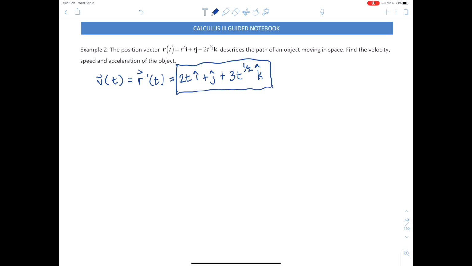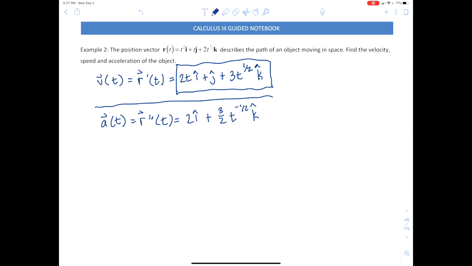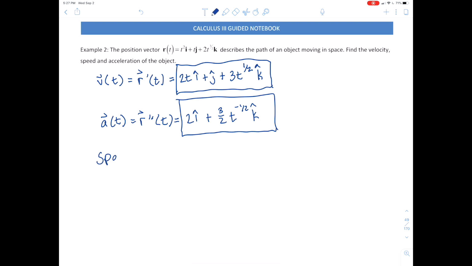Our acceleration vector, a at t, remember, is r double prime at t. So that's going to give us, beautiful, 2i. j is going to zero out, and then we'll get plus 3/2 t to the -1/2 times k. All right, and then the speed, remember, it's going to be the magnitude of v at t.